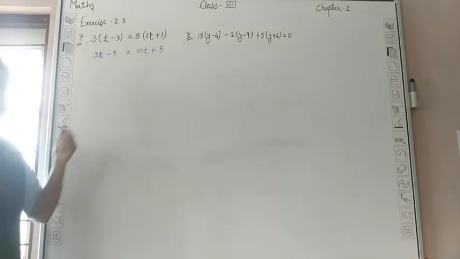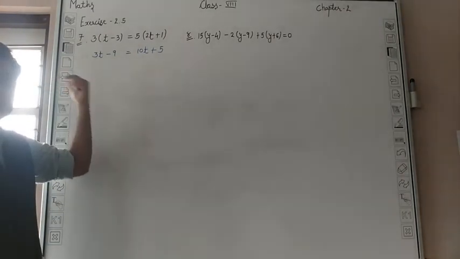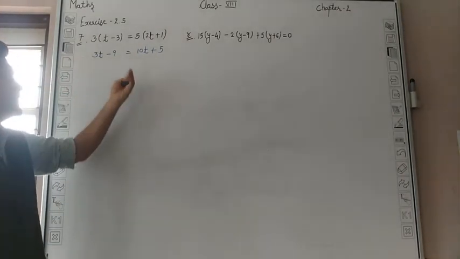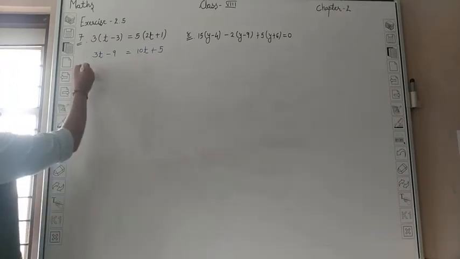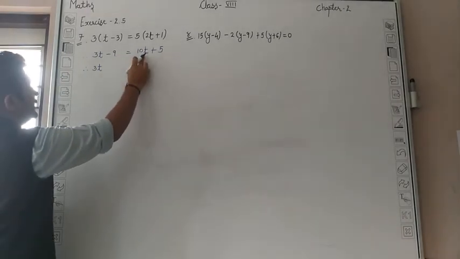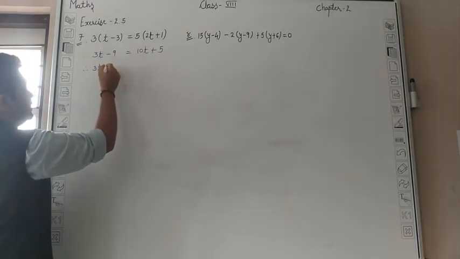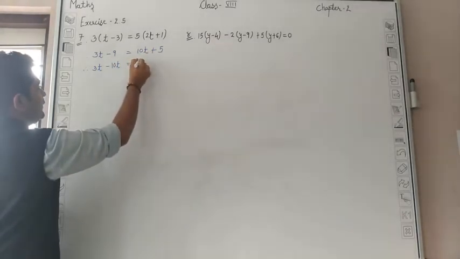So now this becomes a simple variable equation, a linear equation. Same as whatever we did in the previous examples, let's take all the variable terms together. So 3t as it is. This 10t transferred to the left side becomes minus 10t, equal to plus 5.